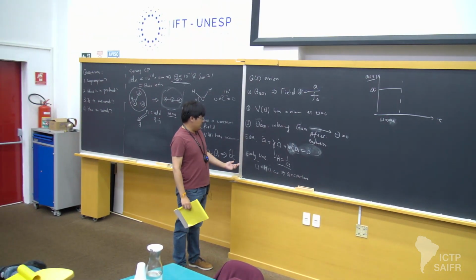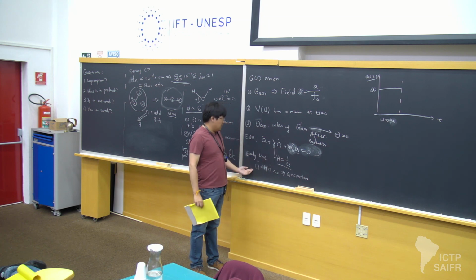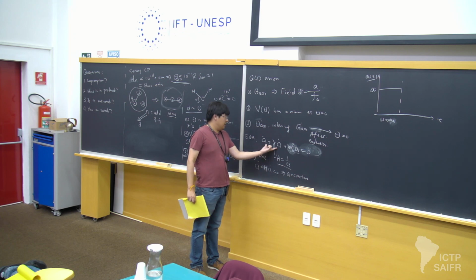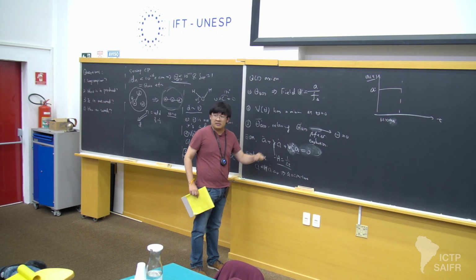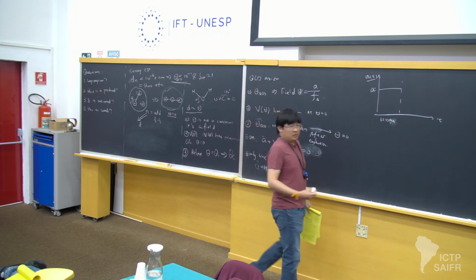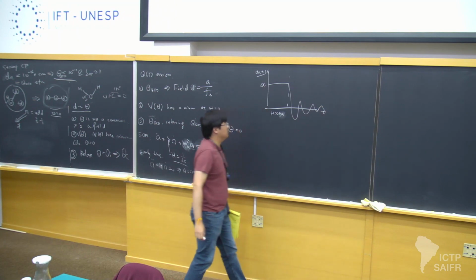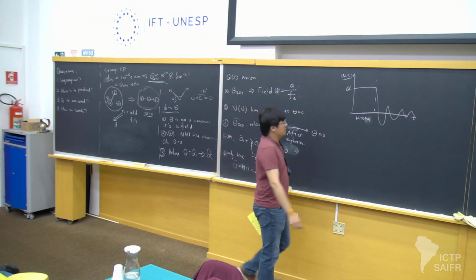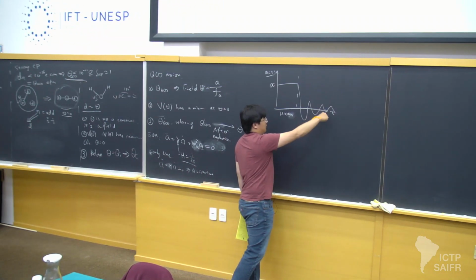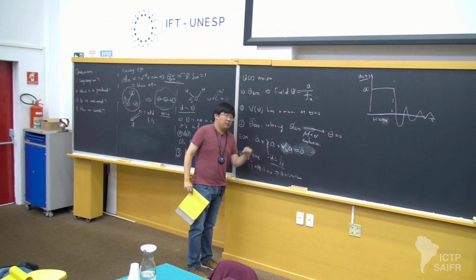At some point, Hubble continues to decrease, and it becomes comparable to m_a. Now I cannot ignore this term; I have all three terms important, and I have a real oscillator equation. This thing is going to oscillate, but it is a damped oscillator, so the amplitude goes down. This is how I would expect the behavior to be as Hubble becomes comparable to m_a.